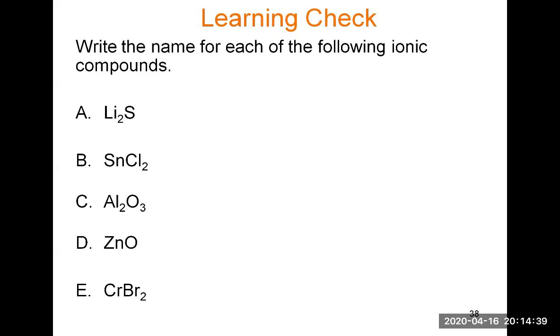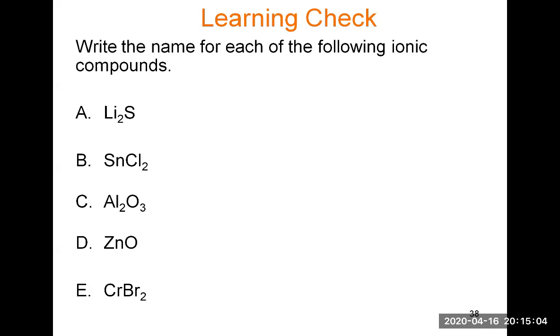So Li2S. Li is lithium, group 1A, and S is sulfur, the non-metal from group 6A. Lithium is from group 1A. It's a predictable ion, so we know it's always Li+.